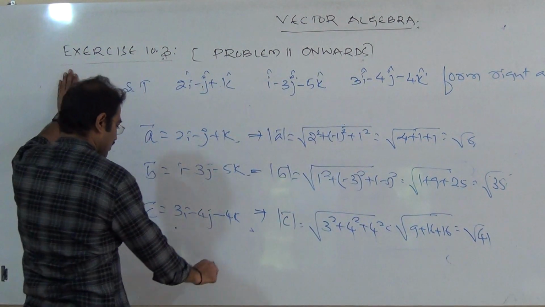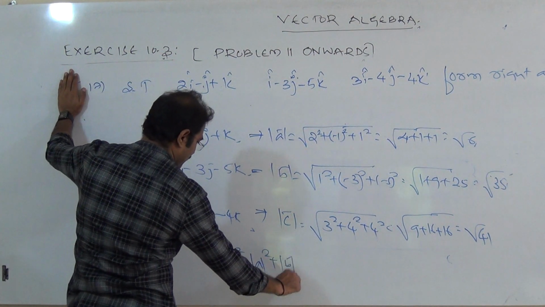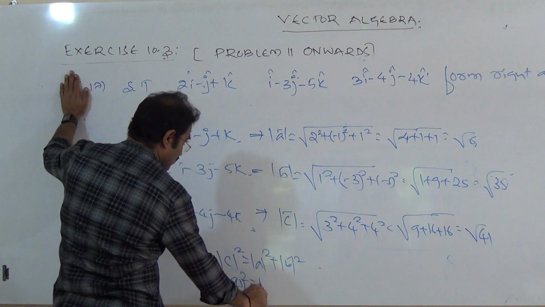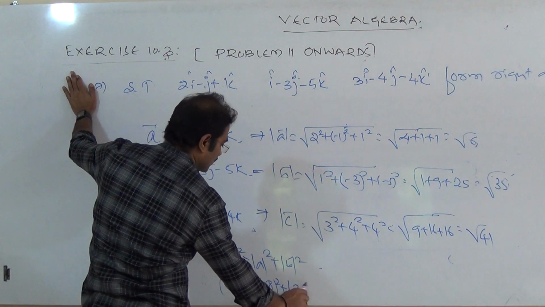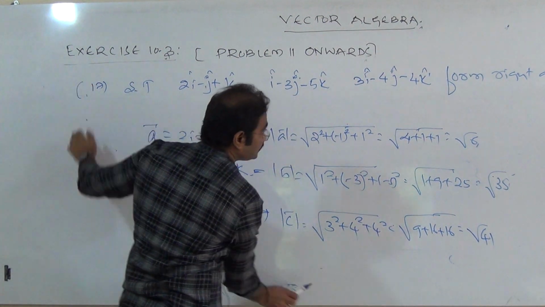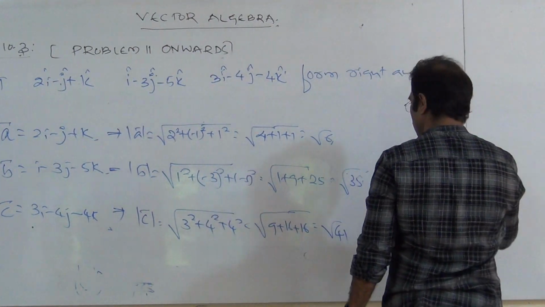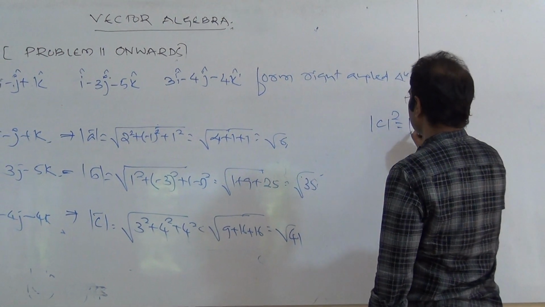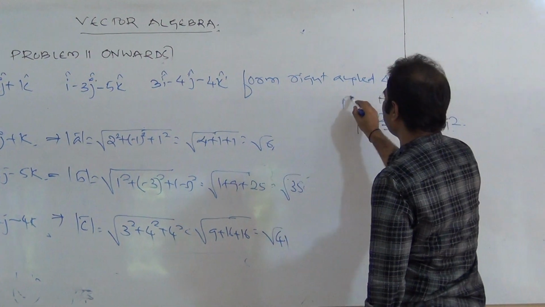Observe, magnitude of C squared is equal to magnitude of A squared plus magnitude of B squared. Root of 41 squared is equal to root of 6 squared plus root of 35 squared. This is the condition for a right angled triangle.